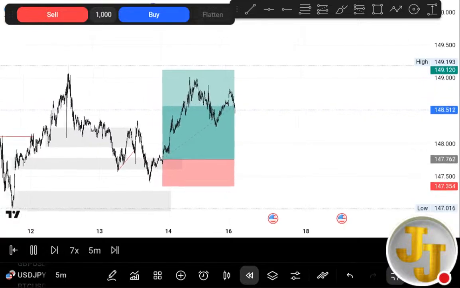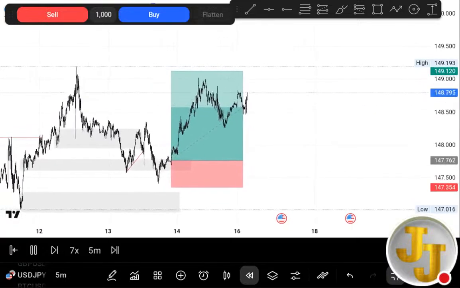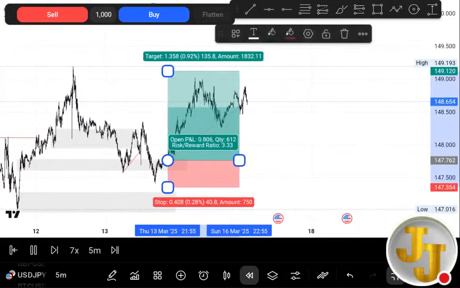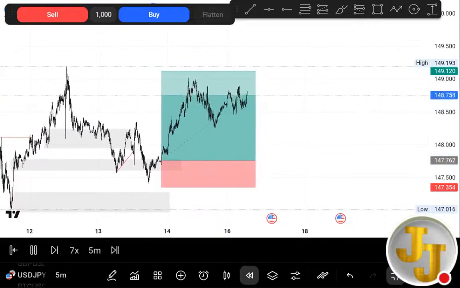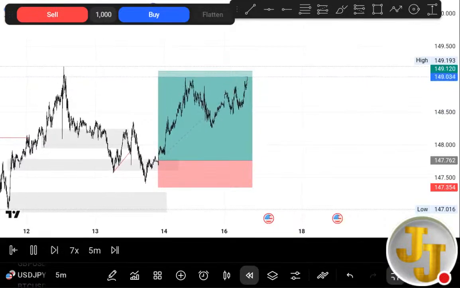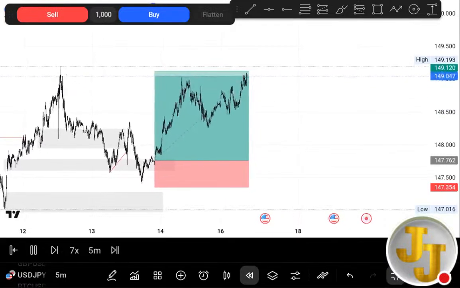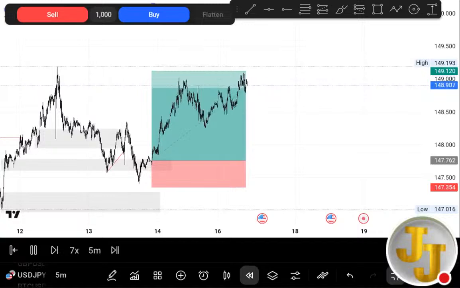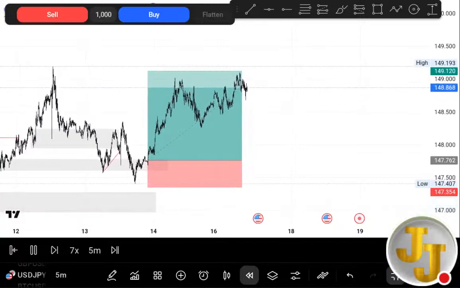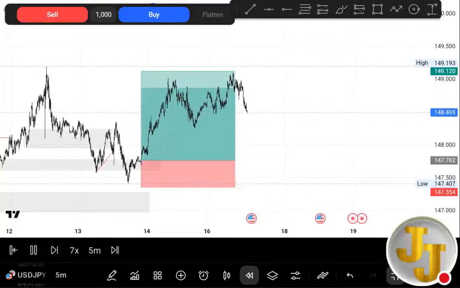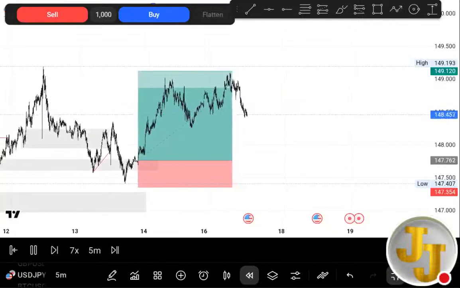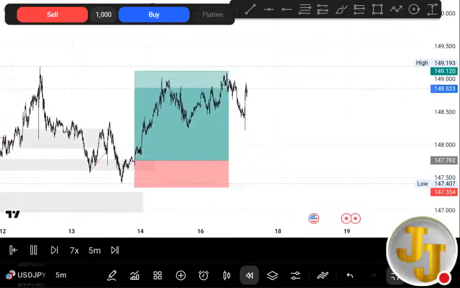So now, as you can see there, it took some time to reach our TP, but the market was worth it. That means that setup was worth it. It took some time, but of course it had to.